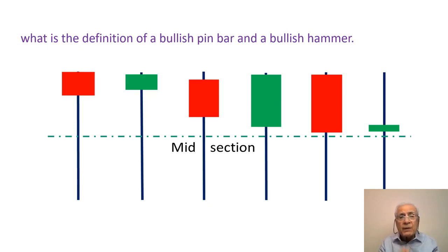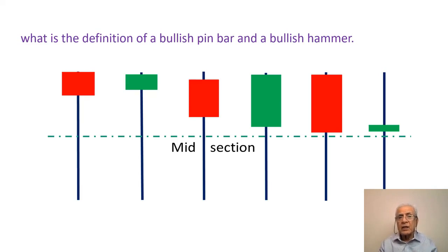If the body of the pin bar is above the midsection of the total length, it's considered a bullish pin bar. Did you know that? Now you know. If the body is small relative to the range, and the upper shadow is small or negligible, then the bullish pin bar is called a hammer, regardless of the color.